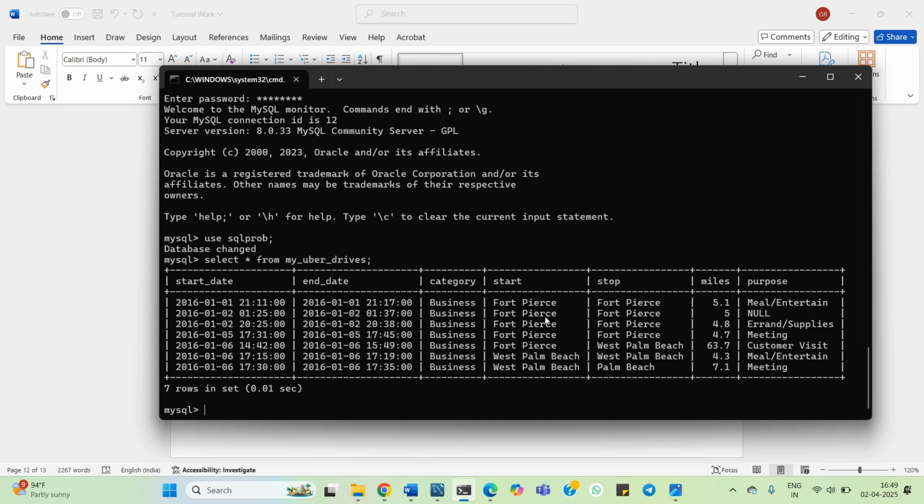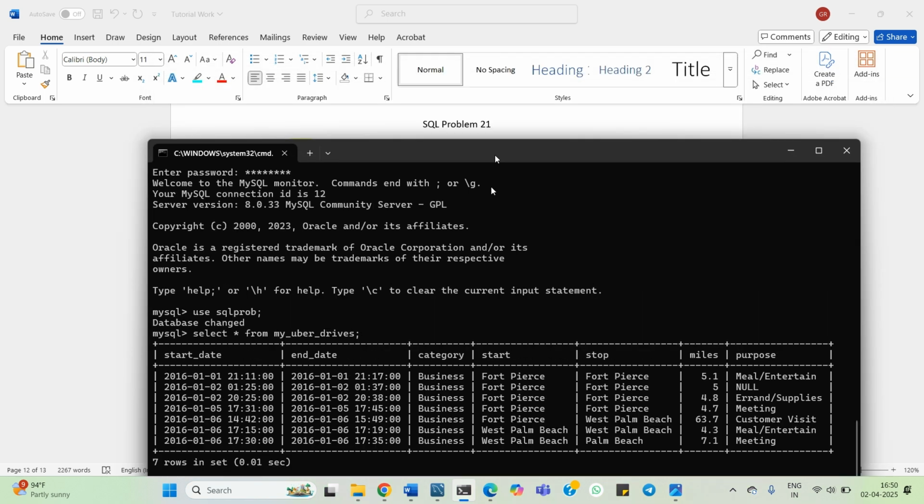The first purpose was meal. For meal, the first ride was from this time to this time, and the category was business. The ride started from Fort Pierce and stopped at Fort Pierce, for a total of 5.51 miles.